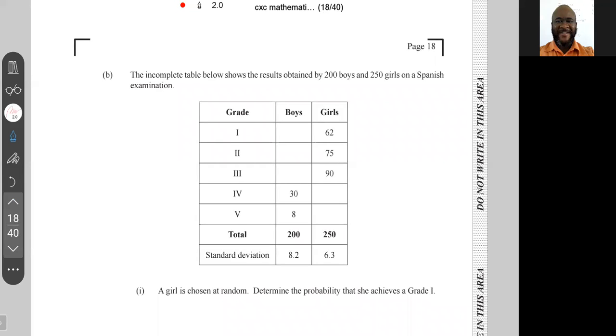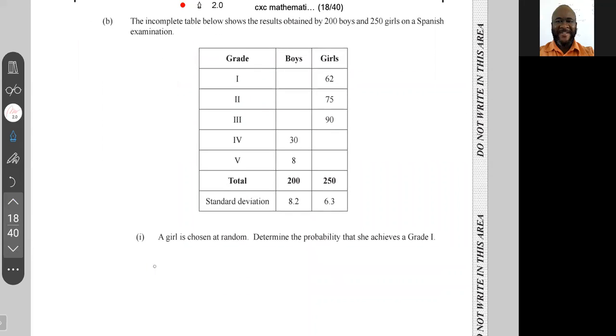Everybody seen that? 62 girls got a grade 1 out of what? 250 girls. So the probability of a girl getting a grade 1 is 62 out of 250, or 62 divided by 250.